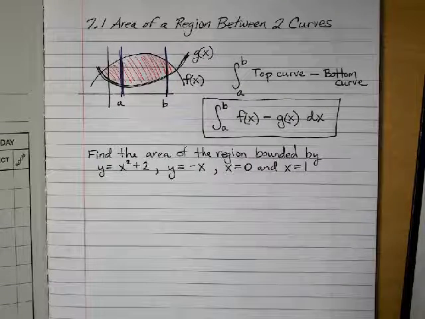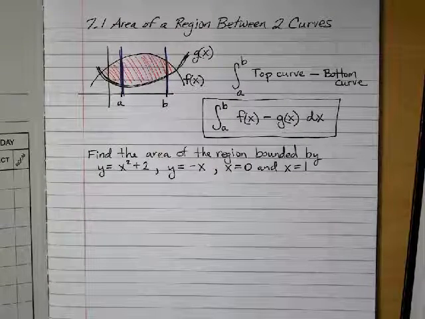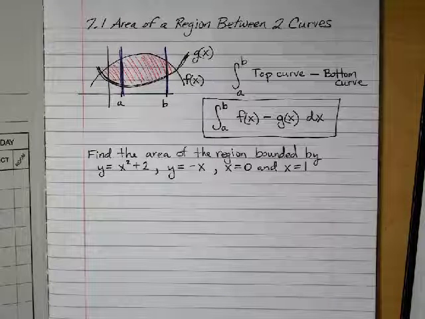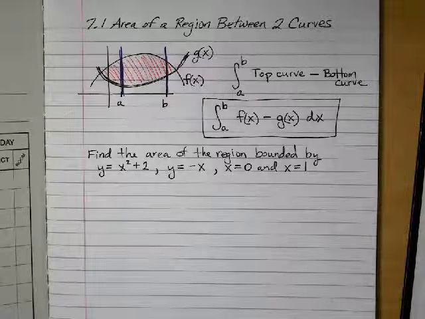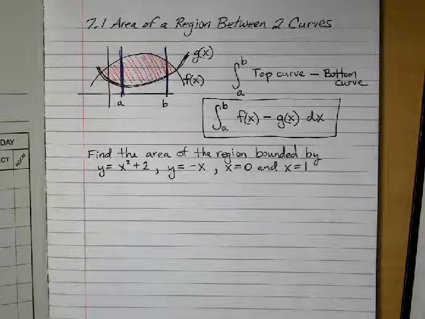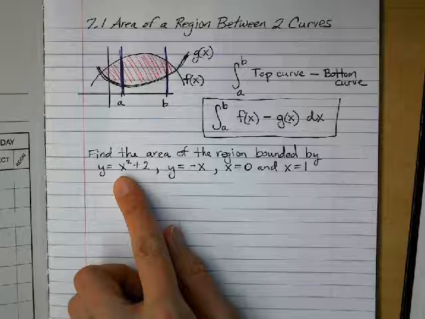So let's use Desmos to help us see this. Let's use a graphing calculator, some kind of graphing tool. You can use your graphing calculator. I'll just go to Desmos because it's right big on my screen right here. So y equals x squared plus 2.